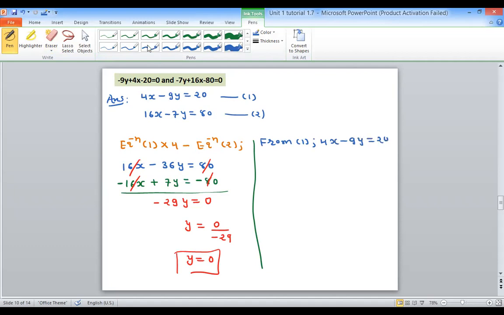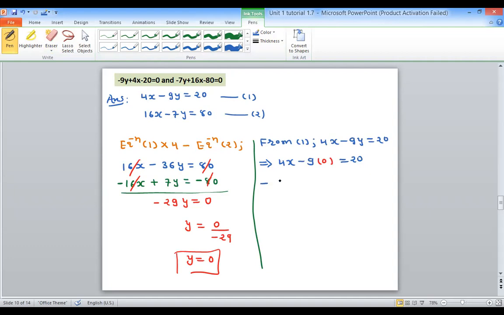Put y is equal to 0 here. What happened? 4x minus 9 times 0 is equal to 20.